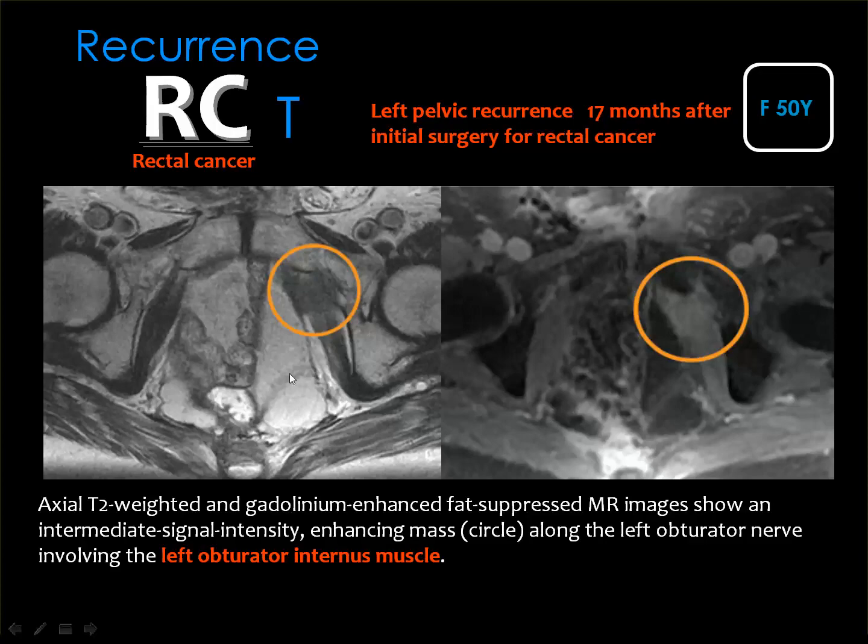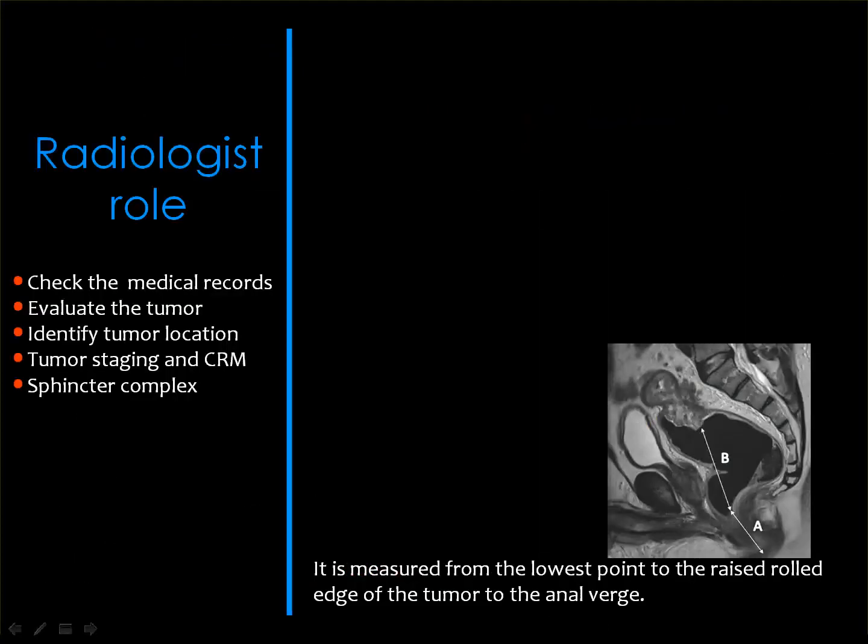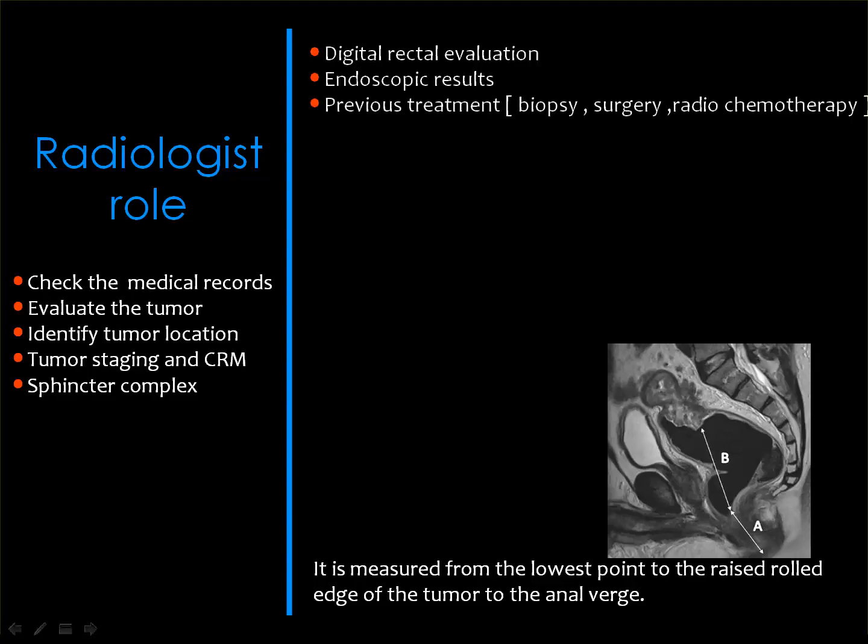If you are outside the region of the anastomotic site, the assessment is easy. And here you can see involvement of the sacral nerve roots. These are the sacral foramina, and this is metastasis to the sacral nerve roots at L5 and S1 levels.